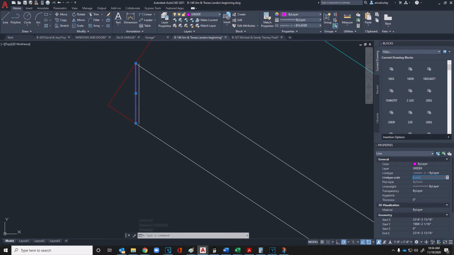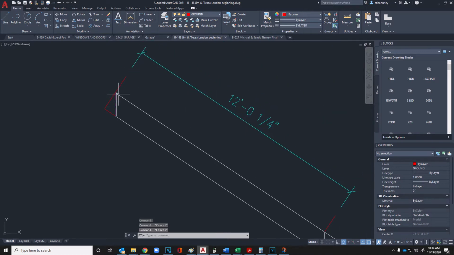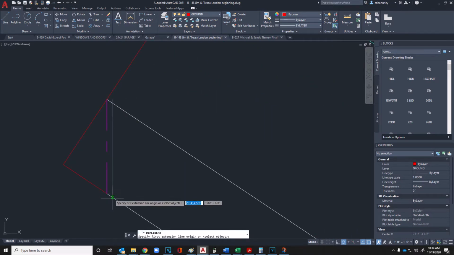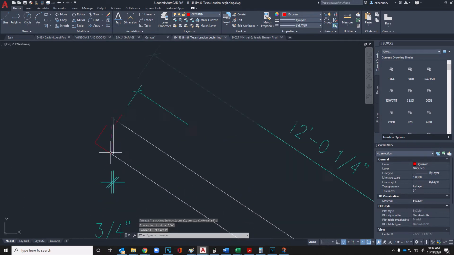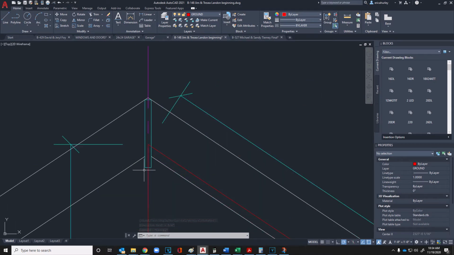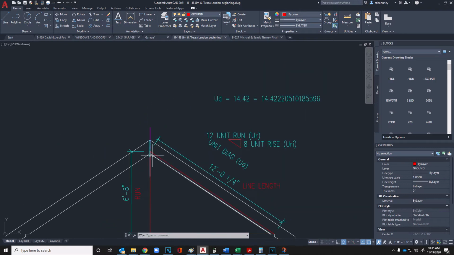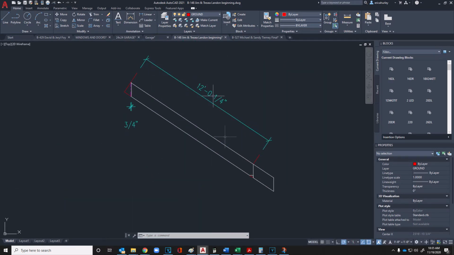And please let me know if I have just absolutely, completely, totally confused you guys. So that was the center line of our roof and then we came off of that 3/4 of an inch because of half the width of our ridge board, and we have our bird's mouth.